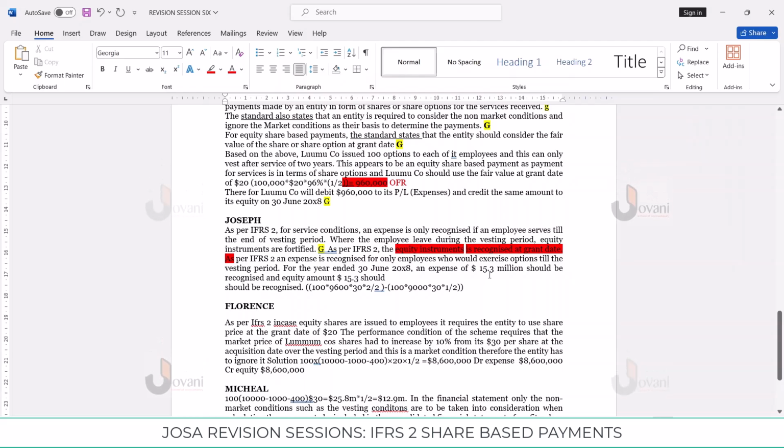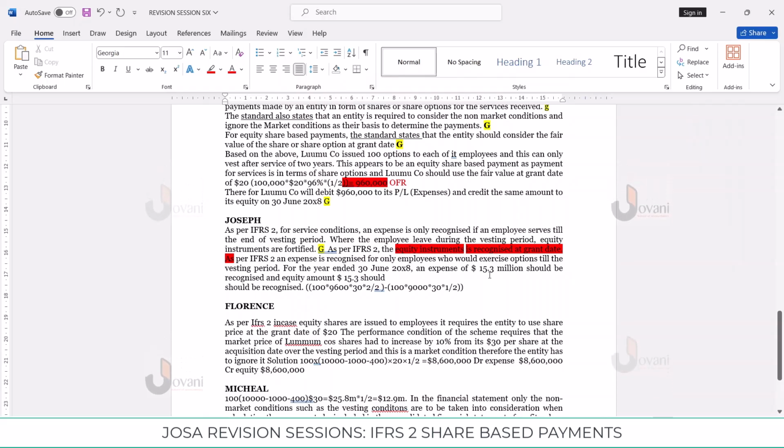Okay. So you're saying, for you're getting, which concept is this, Florence? Florence, which concept is that? 10,000 minus 100 minus 40 times 20 times this. Okay, concept is lost somewhere. I know you're trying to do something, but it is lost.